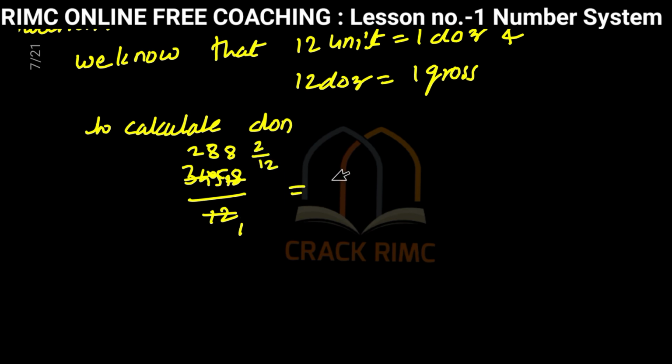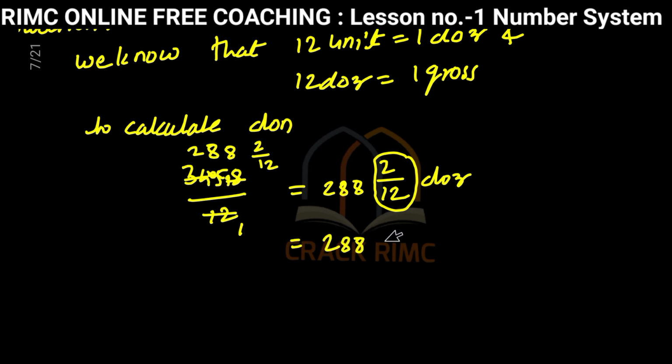Okay, so the answer will be 288 wholes and 2 upon 12 dozen. But we know that this 2 upon 12 dozen means 2 units. So therefore we can write it as 288 dozen plus 2 units.